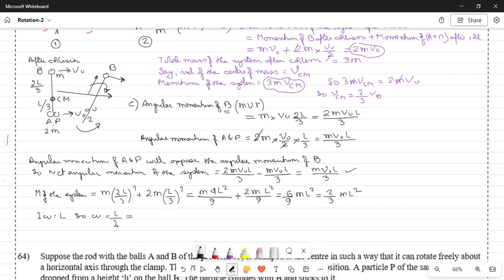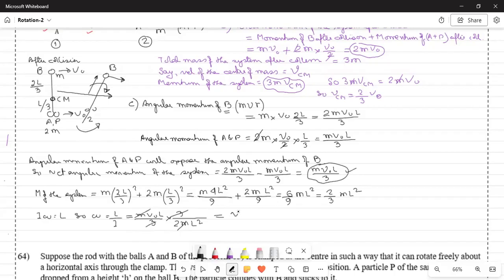Now I is 2 by 3 mL square, and the net angular momentum we have found is m v0 L by 3. So this is m v0 L by 3 divided by this moment of inertia. We have 3 in the numerator and 2 mL square. The 3 and 3 get cancelled, m and m get cancelled.